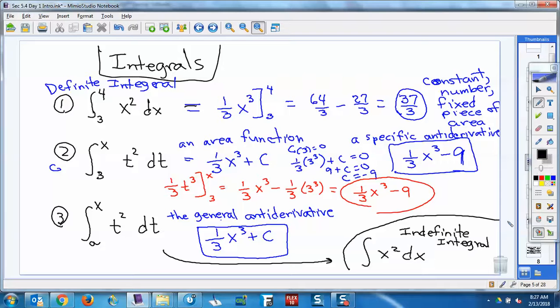That's called an indefinite integral, and it's just going to give us 1/3 x cubed plus c. I like that because it shows us where this comes from.